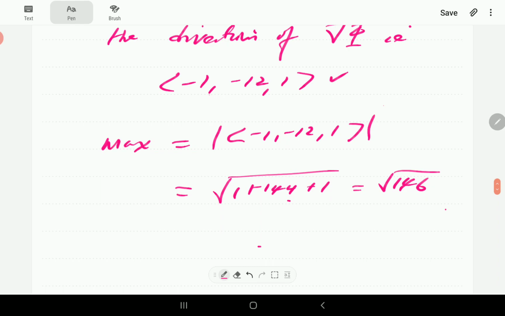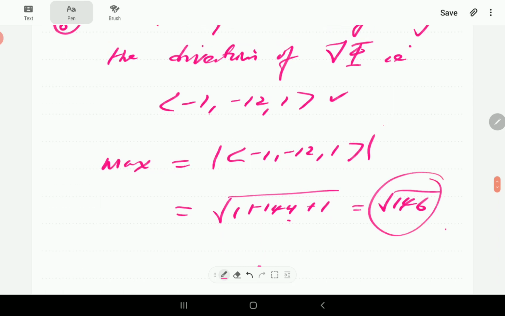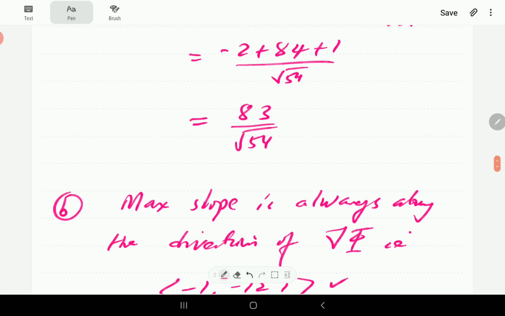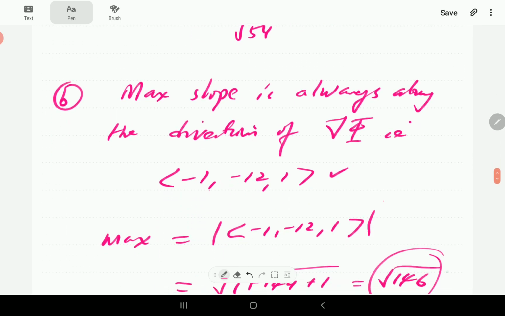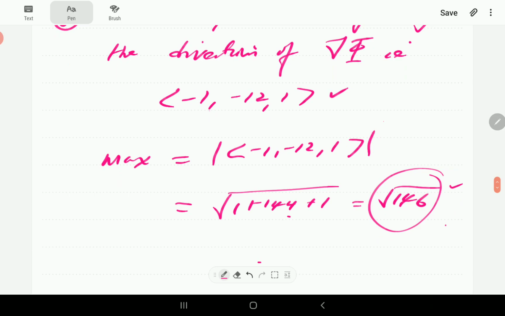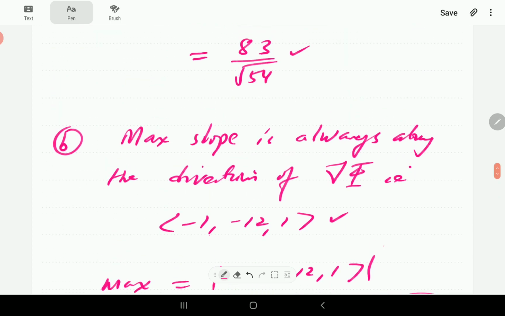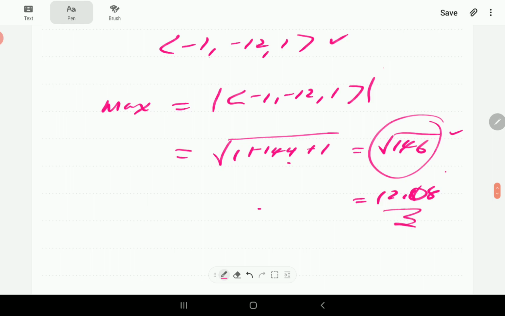In fact, if you check, we will find that this slope here is smaller than the slope here. Let me just do it numerically. So numerically, square root 146 is around 12.08, whereas 83 divided by square root 54 is 11.29, which, as you can see, is smaller than this.